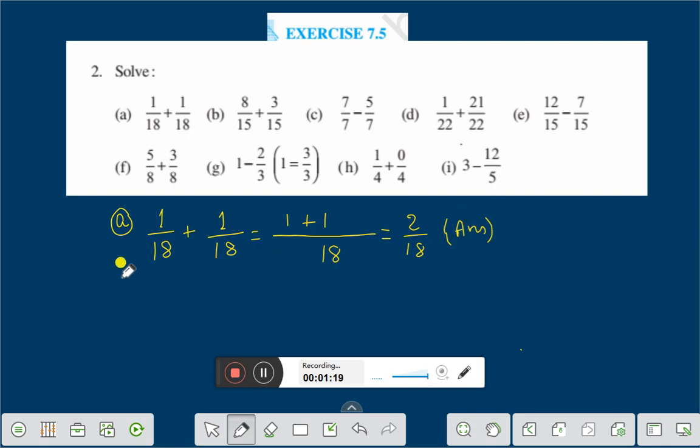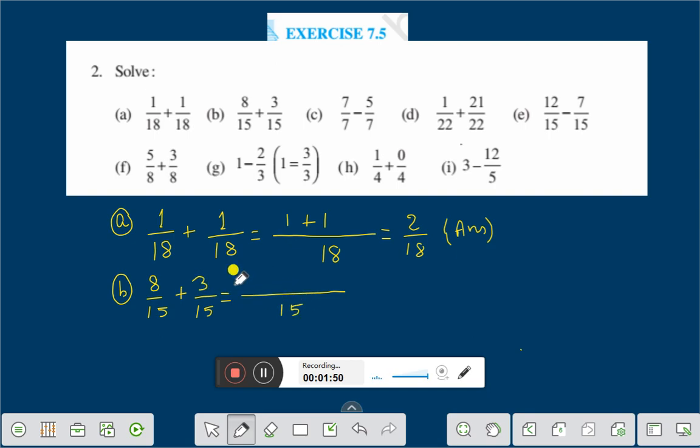Now question number B. Question number B is 8 by 15 plus 3 by 15. Here you see the denominator is same, therefore the LCM is 15.